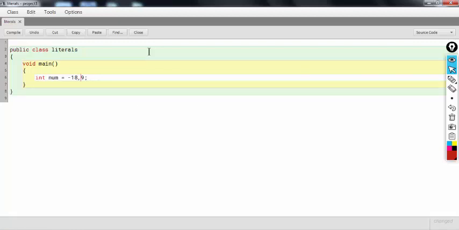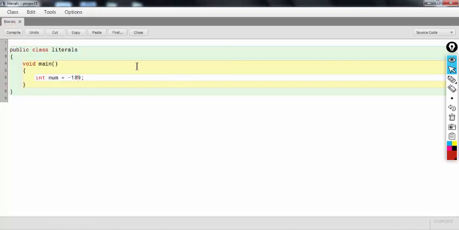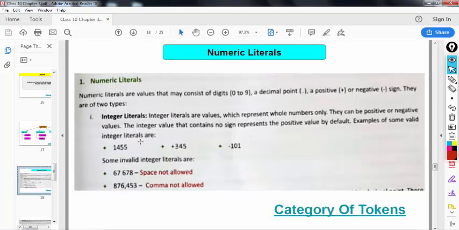I cannot have a comma, so this will also not compile. Okay, so errors found. So remove the comma, compile it, and it will compile. So I hope this point is clear about integer literals.